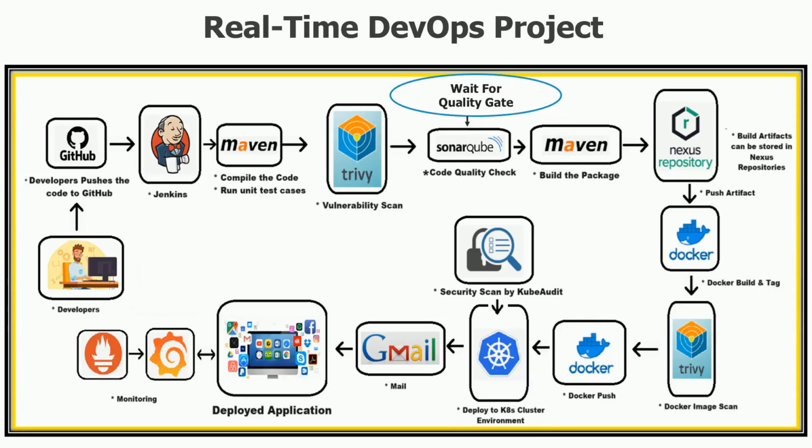Hi, so this is a complete corporate CI/CD pipeline and we are doing everything from scratch so that you can easily understand the entire project even though you have basic knowledge of DevOps or you are from a developer background.